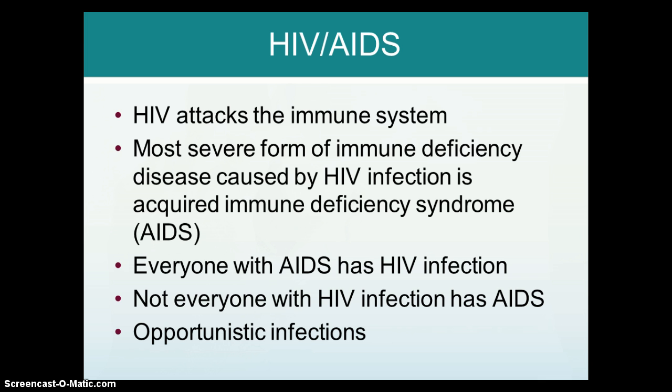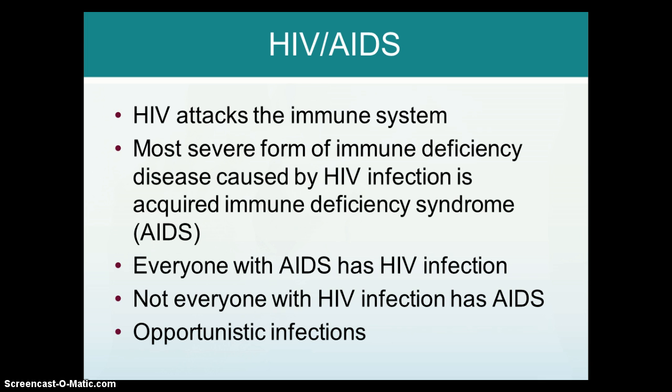Everyone with AIDS has HIV infection, but not everyone with HIV has AIDS. The reason simply is HIV is the virus that kills the helper T cells, and once the helper T cells get so low, you now have AIDS.